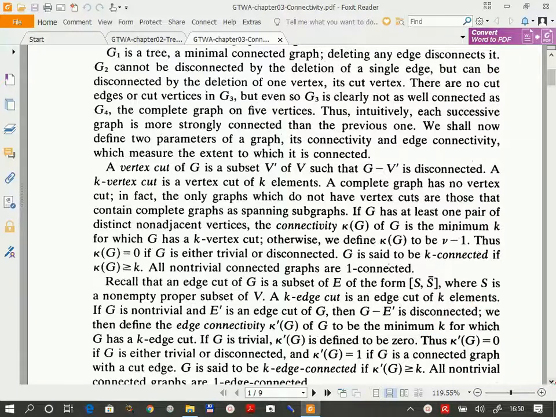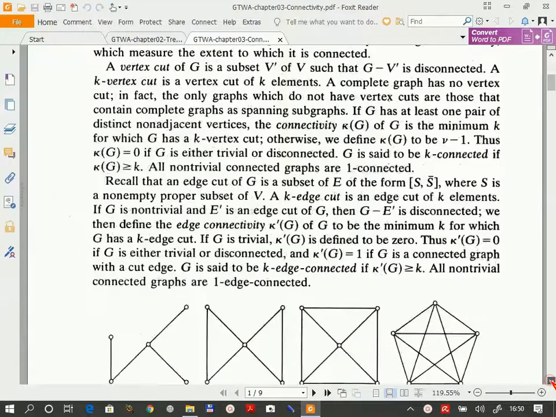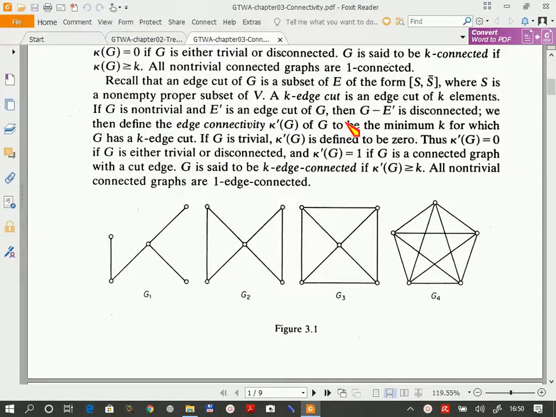If G is non-trivial, so not just one vertex, and E prime is an edge cut of G, then G minus E prime is disconnected. What is the edge connectivity kappa prime? Kappa prime of G is the minimum K for which G has a K edge cut.